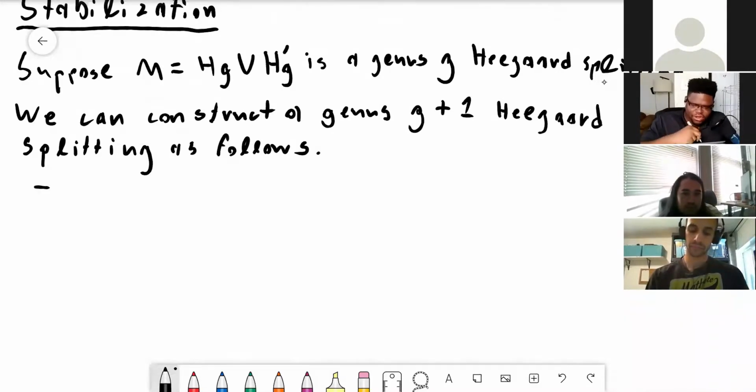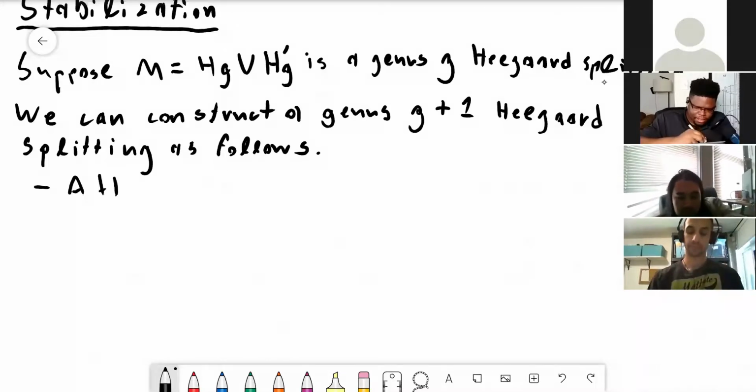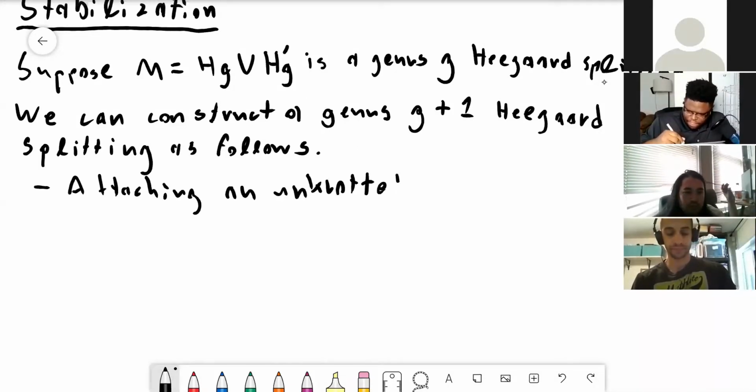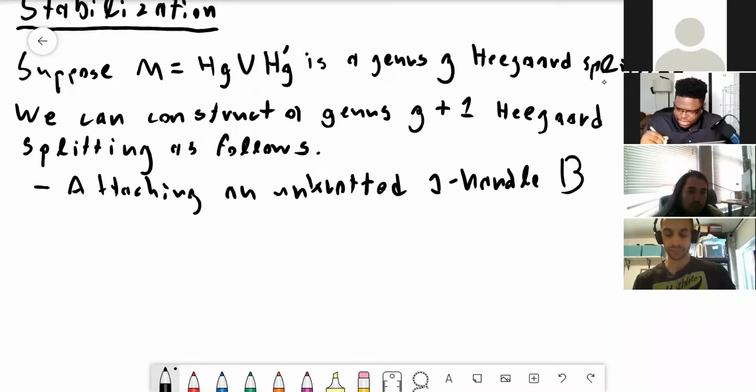So we're going to start by attaching an unknotted one handle. And when we say unknotted, what does this mean? Let's give this label B to H_G.